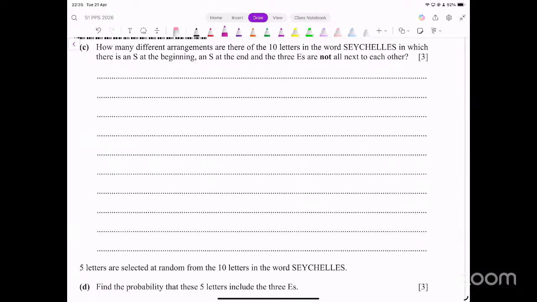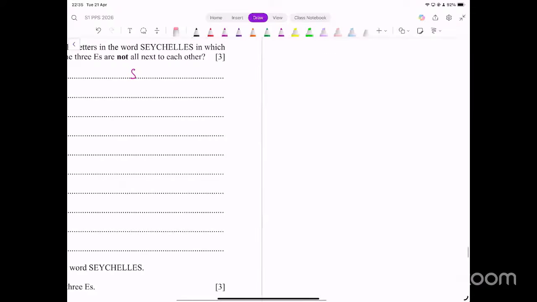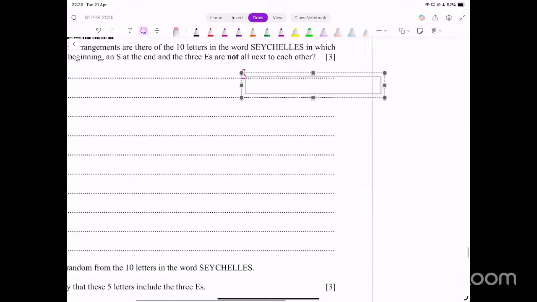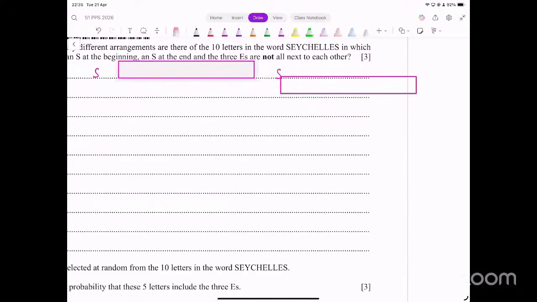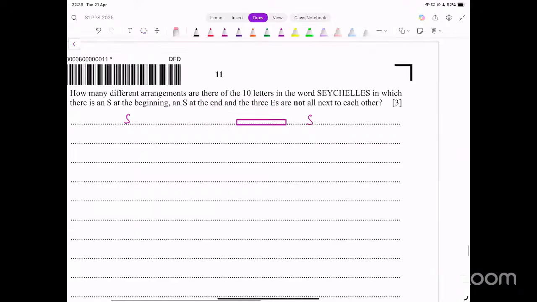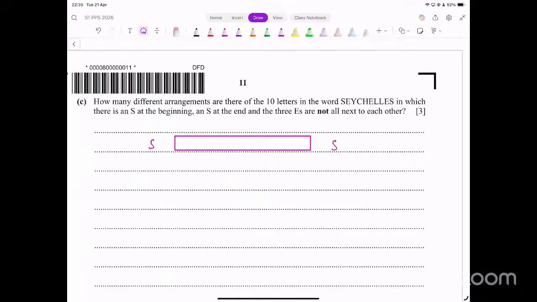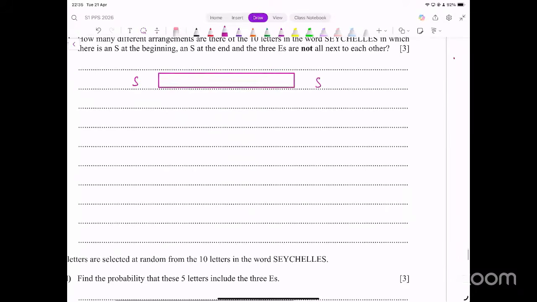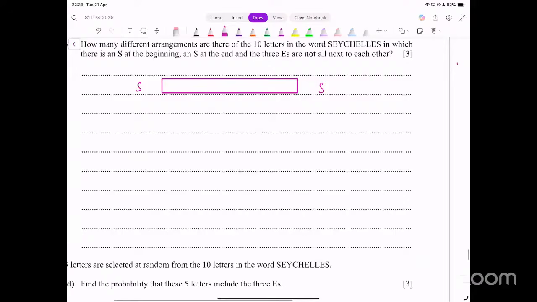Now, one S has to be in the beginning, another S has to be at the end. So the S's are fixed. We cannot do anything to them. We only have 8 remaining letters now in the middle. For those 8 letters, we could say what's the total number of possible arrangements for the remaining letters?